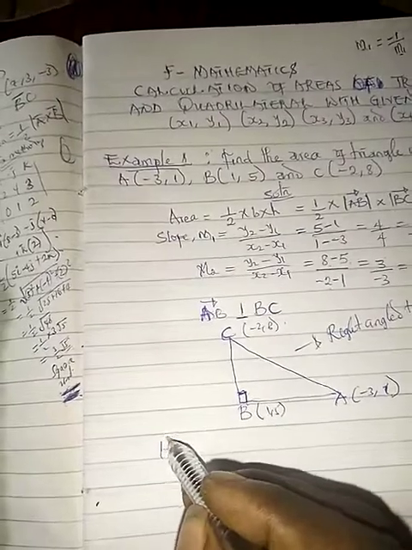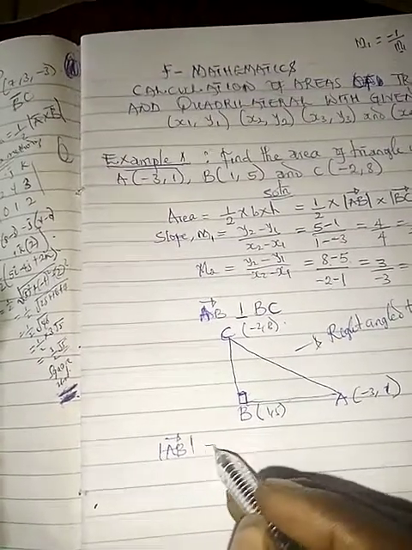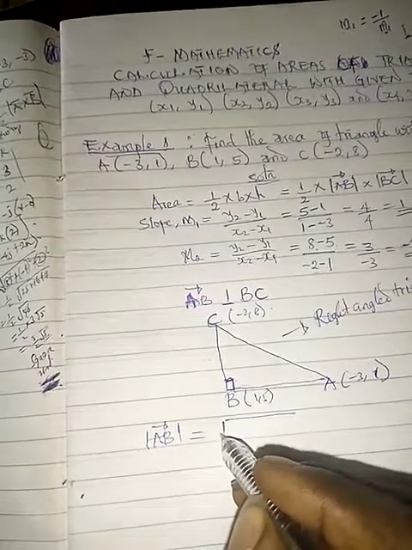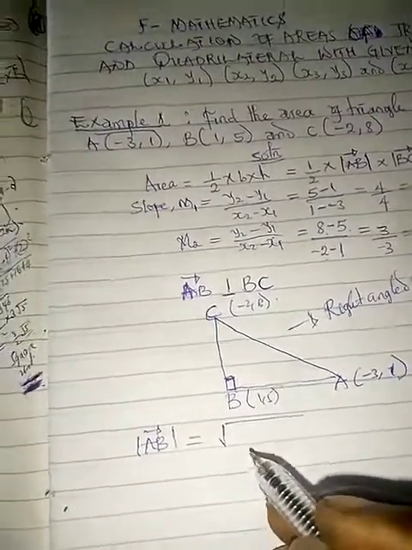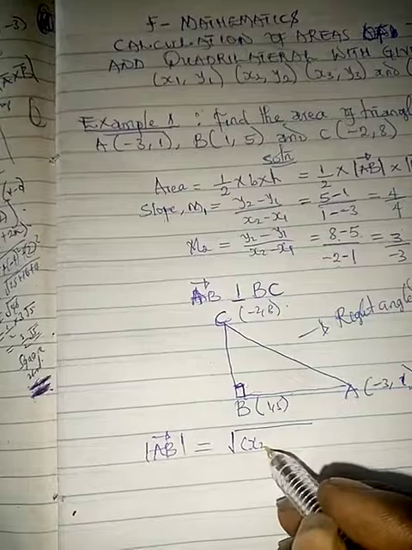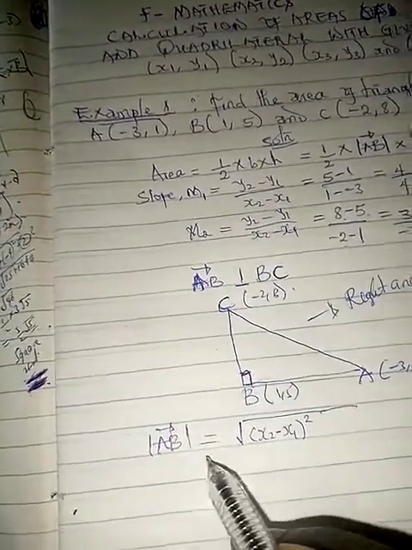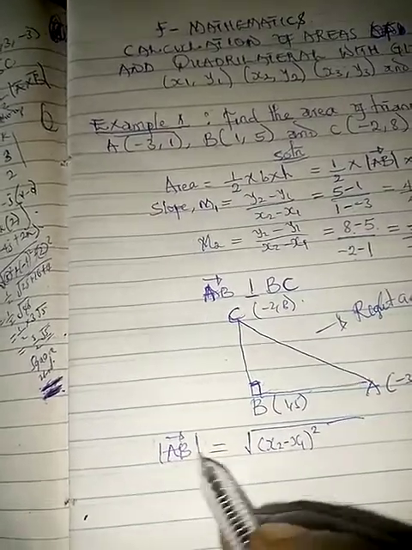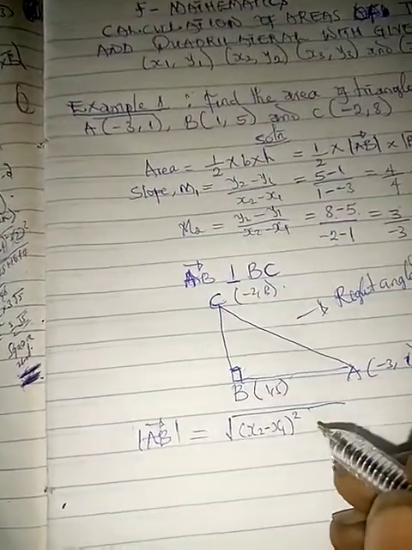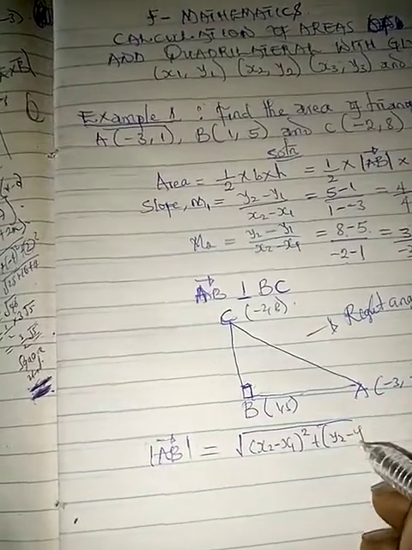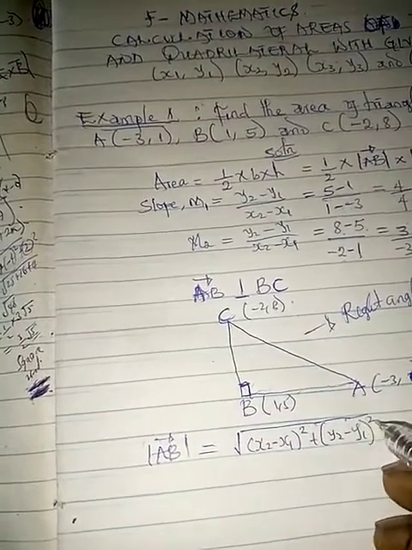So length AB now, how do we find the length of a given value? It is going to be the square root of x2 minus x1 all square, just like you are finding distance. Remember that this is the sign for distance, length, distance, still the same thing, modulus. Then plus y2 minus y1 all square.